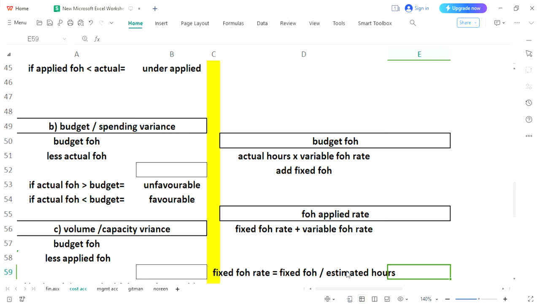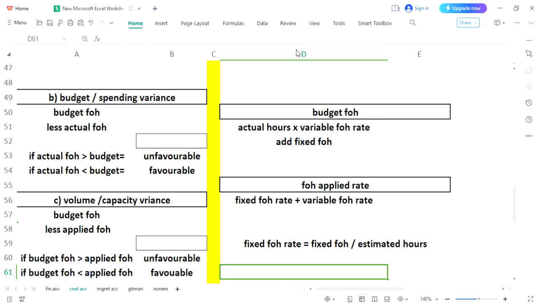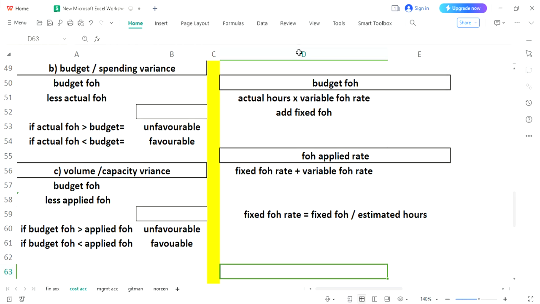This is your first formula to calculate your fixed FH rate. Later on, we will be discussing it completely. And then you will calculate your variable FOH rate.